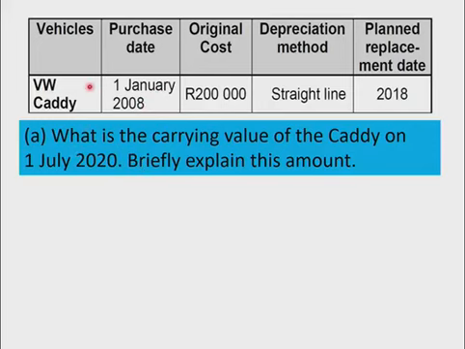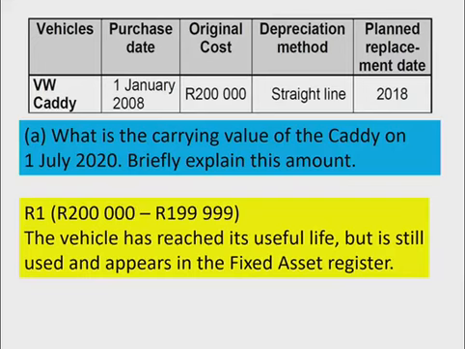the Caddy is fully depreciated, but there will be a residual value of R1. Okay? So the carrying value will be R1, which we get from the cost price minus the total accumulated depreciation for the number of years.